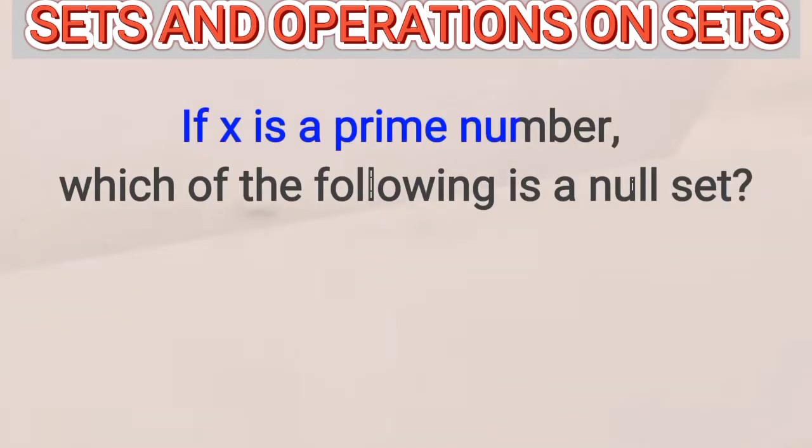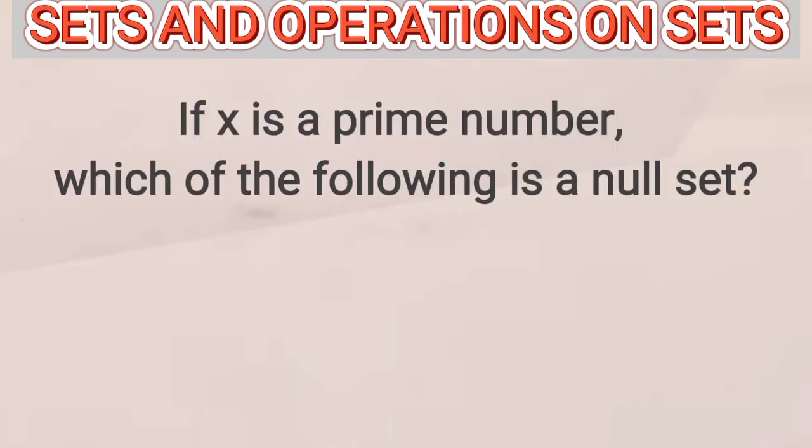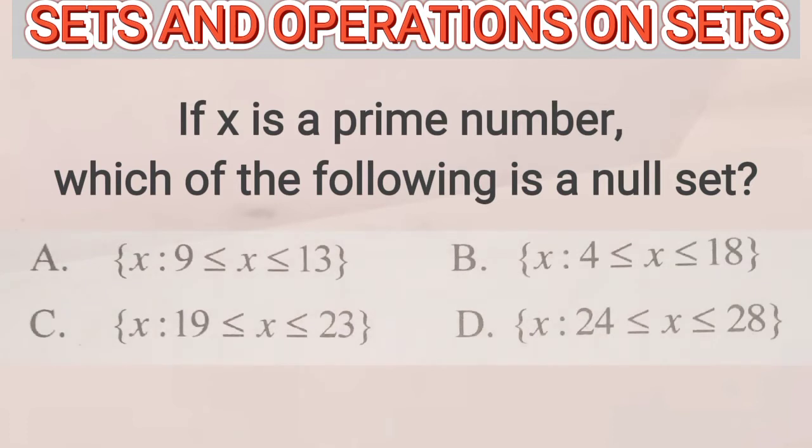If x is a prime number, which of the following is a null set? The options given to us are: A. x is such that x is greater than or equal to 9, which is also less than or equal to 13. B. x is such that x is greater than or equal to 4, which is also less than or equal to 18.